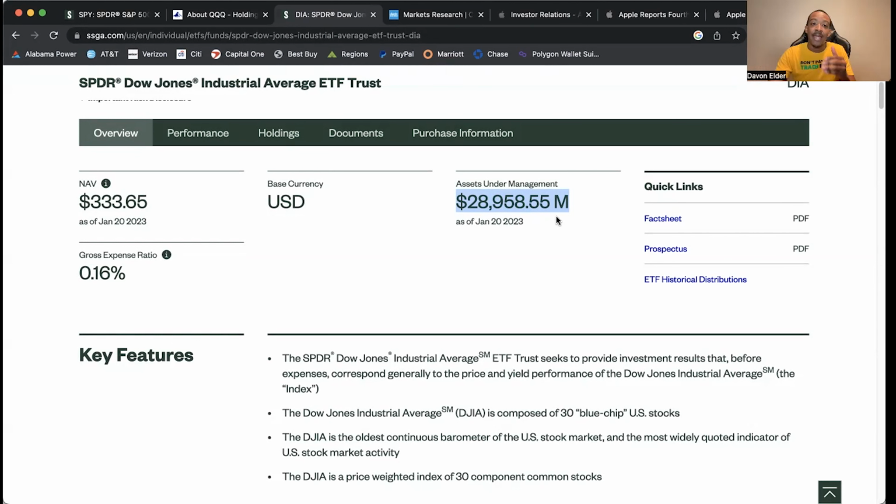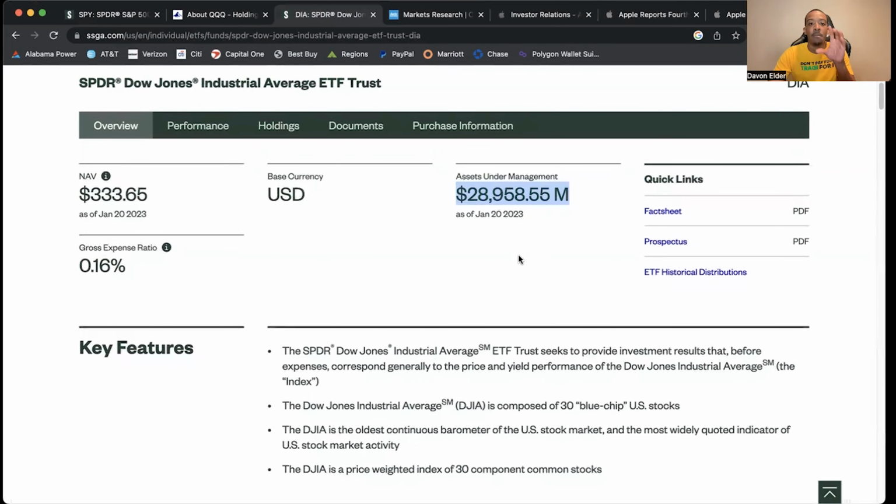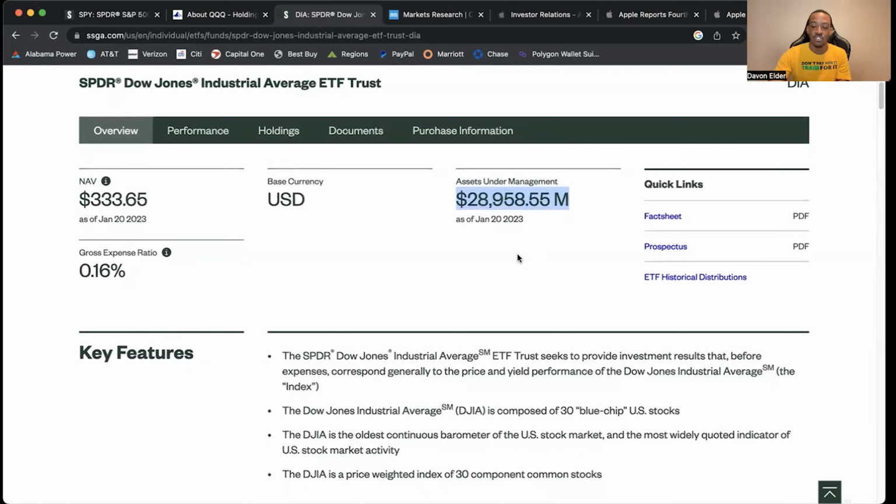Like I said before, SPY and QQQ are market cap weighted ETFs. The Dow Jones Industrial Average is a price weighted ETF, so the stock with the biggest price in the index has the biggest allocation, not based on market cap but on the specific price of the stock.